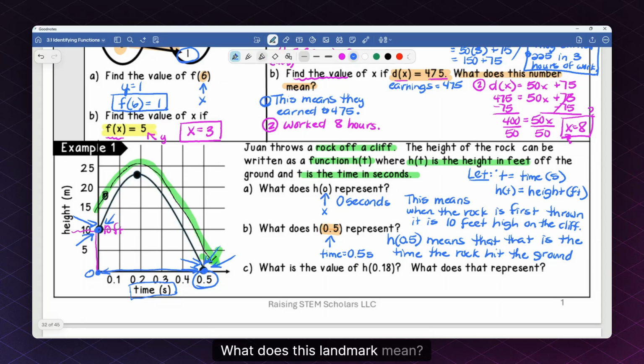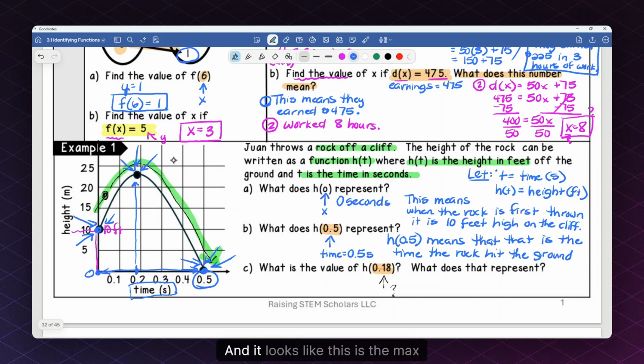What does this landmark mean? So it says, what is the value of h of 0.18? What is that? Okay, so what does this mean? Let's come over here. So this is 0.18 about here, and we can go up and we can read this. And we look at this and we're like, what's happening right here?